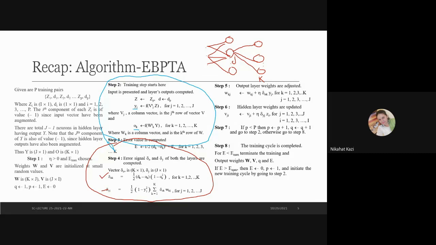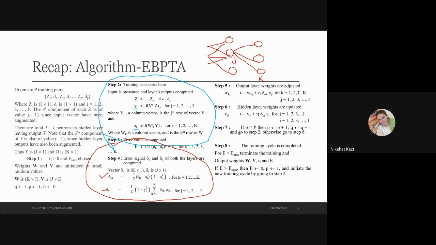So you have delta O1, delta O2, delta O3 up till delta OK. So there are K error signals produced for the output layer. Using these error signals, you have to compute the error signals for each of the hidden layer neurons.